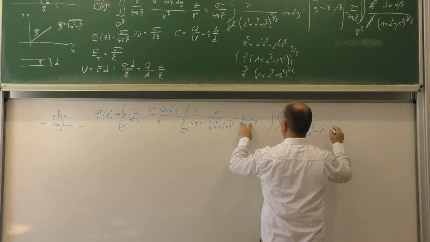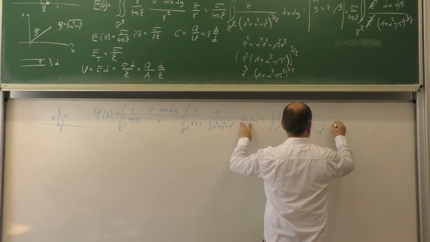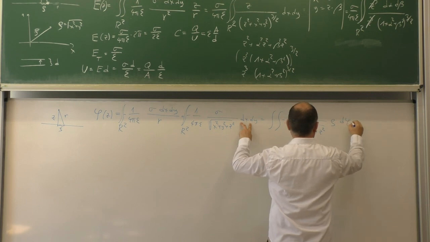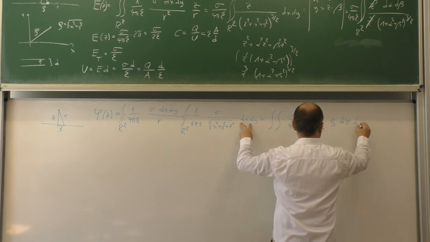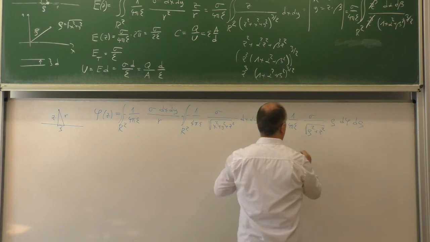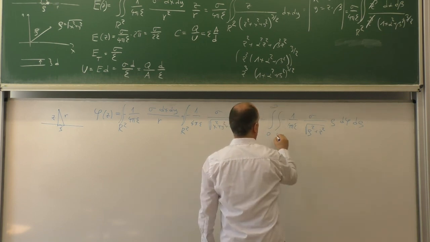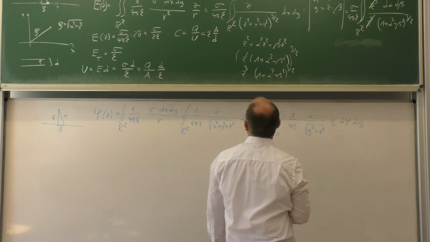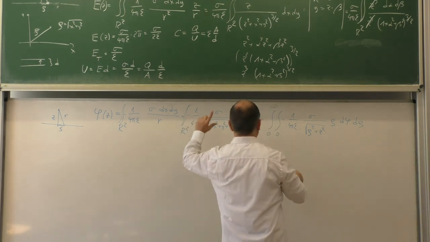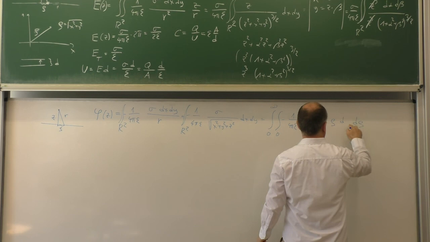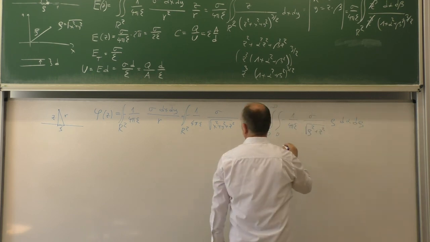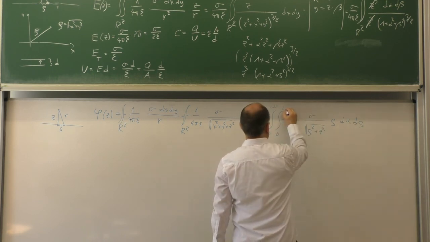And instead of dx dy, we have rho d alpha d rho. Rho goes from 0 to infinity, and the angle from 0 to 2 pi. Phi is the potential, sorry, let's call the angle alpha.